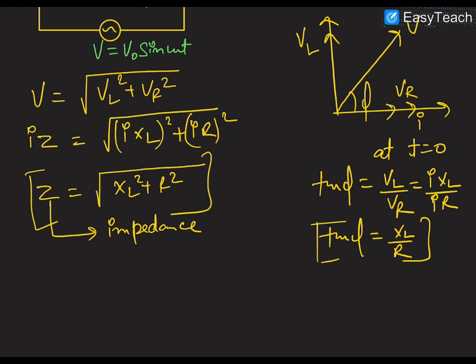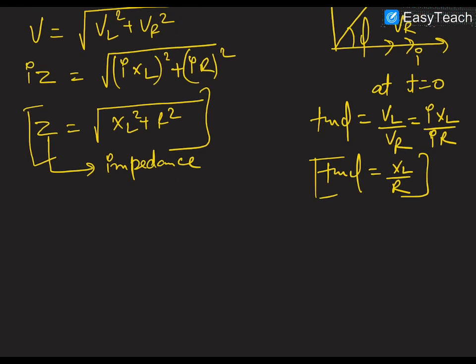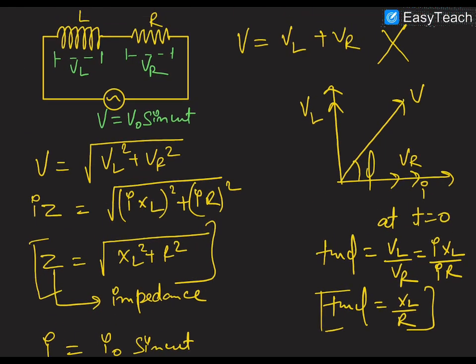Now if we discuss the current I, I will be I naught sine omega t, and the phase of voltage is omega t at any time t, but the phase of current is behind the phase of voltage by phi.